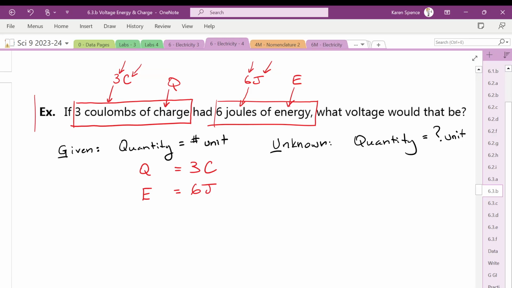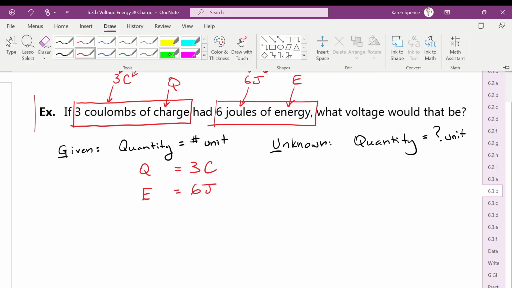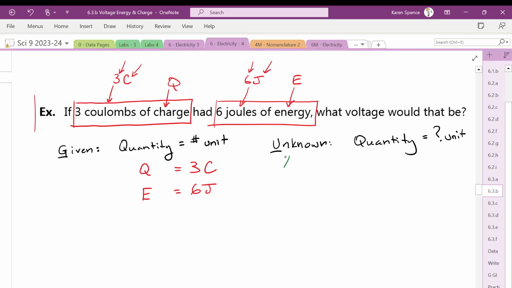And remember, when you're looking for your unknown, look for the question word. What's our question word in this question? Voltage. Okay, that is our question word right there.